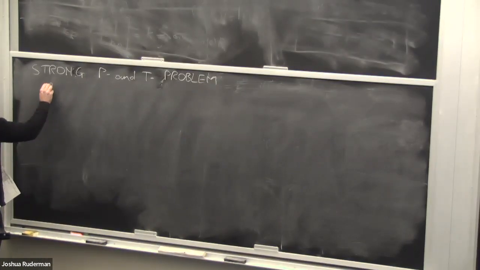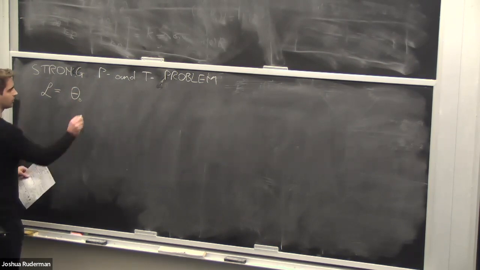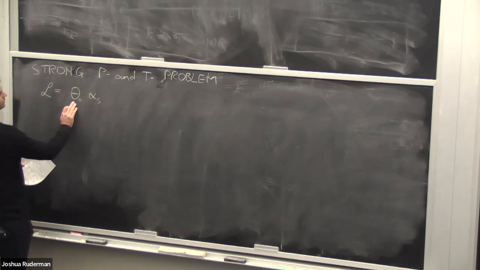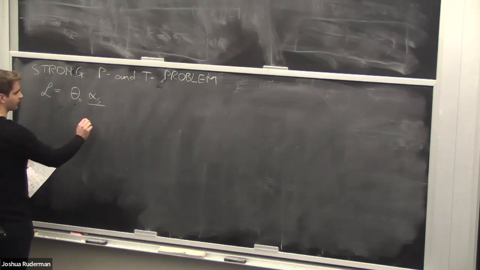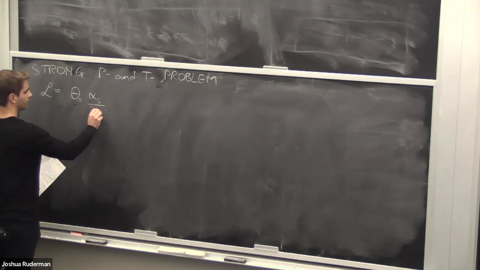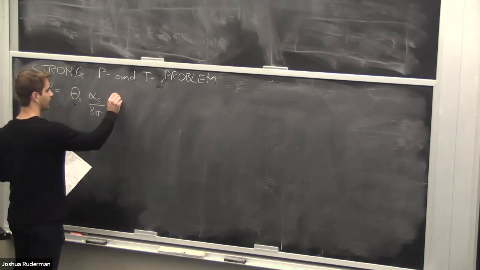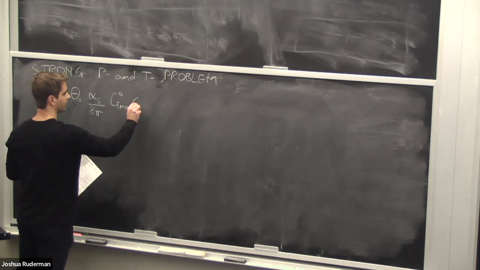Okay, so it was noticed in 1976 that in quantum chromodynamics, this term here is allowed. This is called the theta term with some constant parameter theta naught times the strong fine structure constant divided by 8 pi, and then times the gluon field strength.